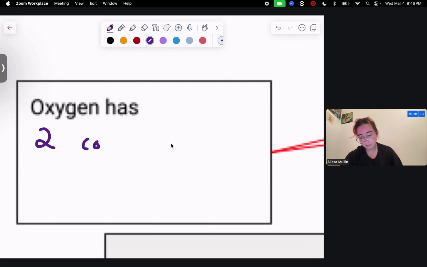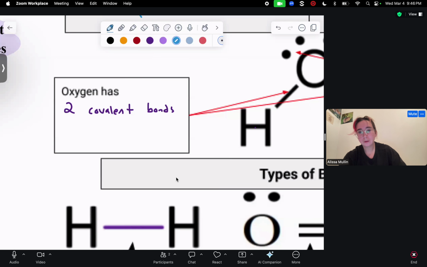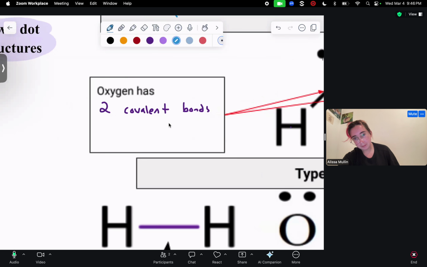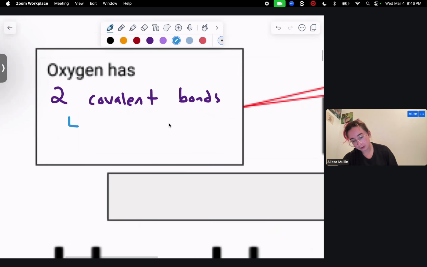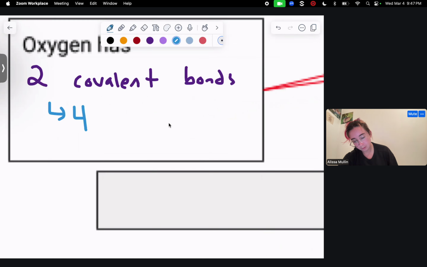And remember, when we see a line in these structures, that is representing shared electrons. So 2 lines are representing 4 shared valence electrons. Okay.